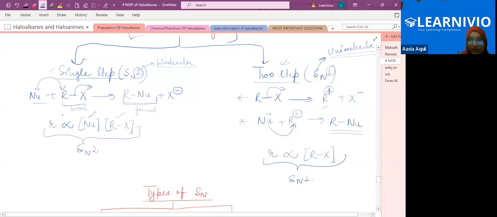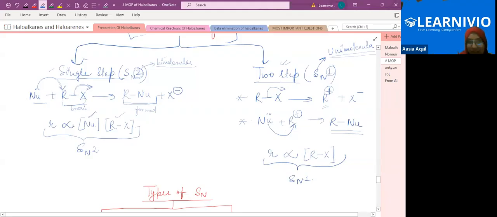And what is the rate of reaction? Here it is bimolecular because two species are reacting with each other: one is the nucleophile, and the second is the substrate.